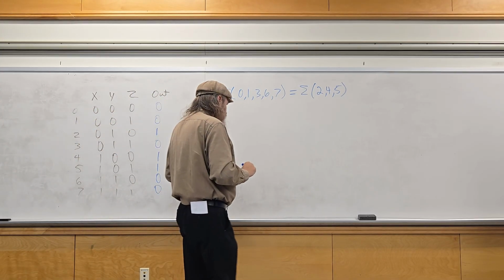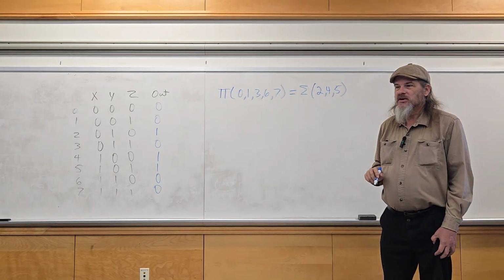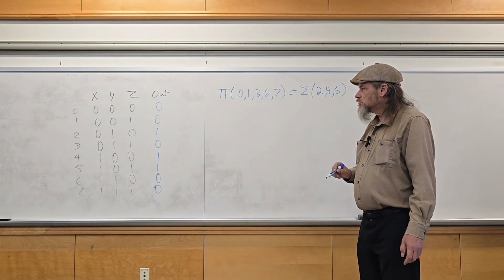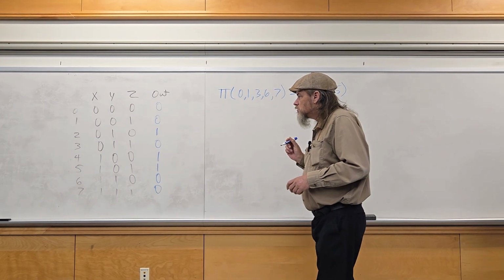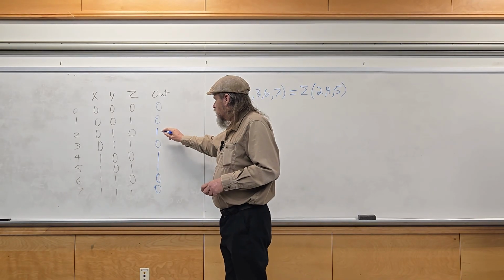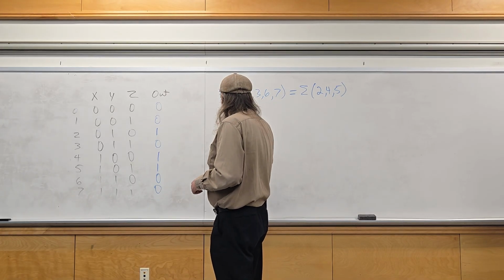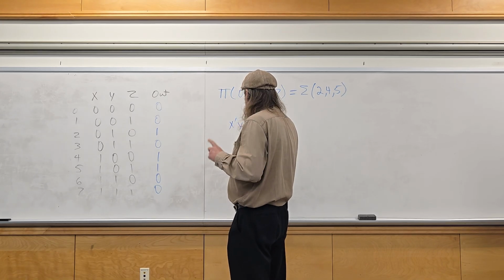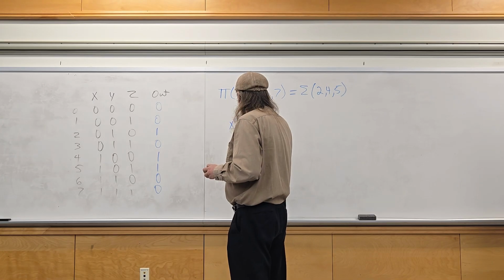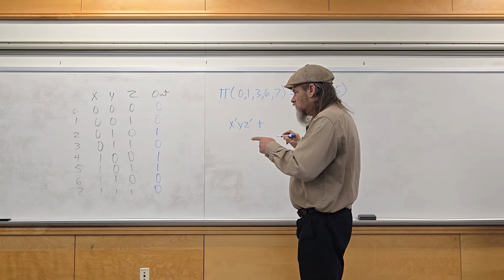So what would the minterm form, the Boolean expression, be for this? What's the second minterm, or number 2 minterm? No, it's not plus, it's times, because it's minterms. And then you plus the number 4.